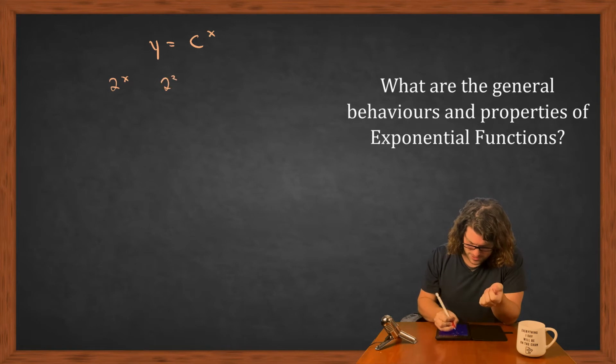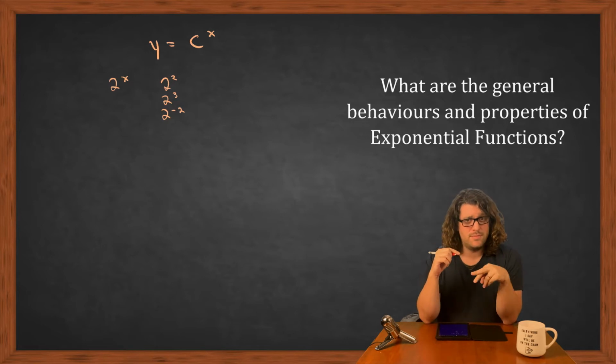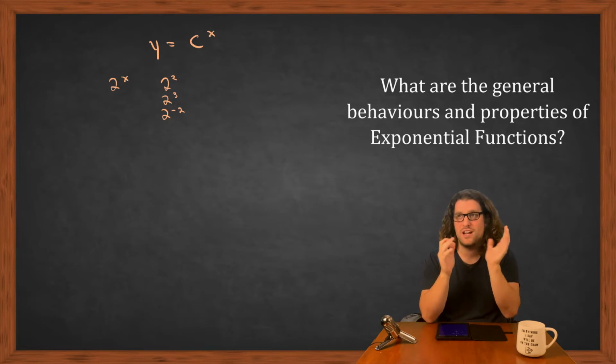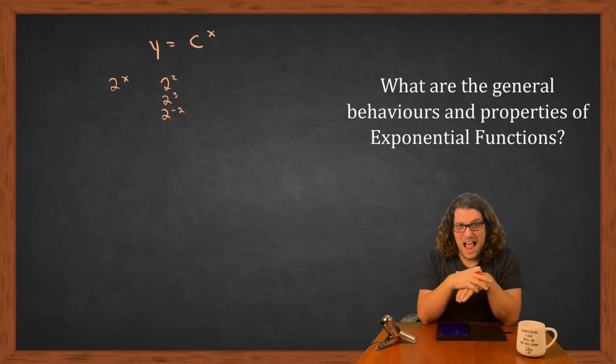So 2 to the power of 2, that's going to be fine, so it's 4. 2 to the power of 3, great, that's fine too. 2 to the power of negative 2 would also be fine. So that is going to be the reciprocal, and so you get 1/2 squared, which would be 1/4, or you could square it first. The order actually doesn't matter. You could square it first and then do the reciprocal afterwards. So either of those would be fine.